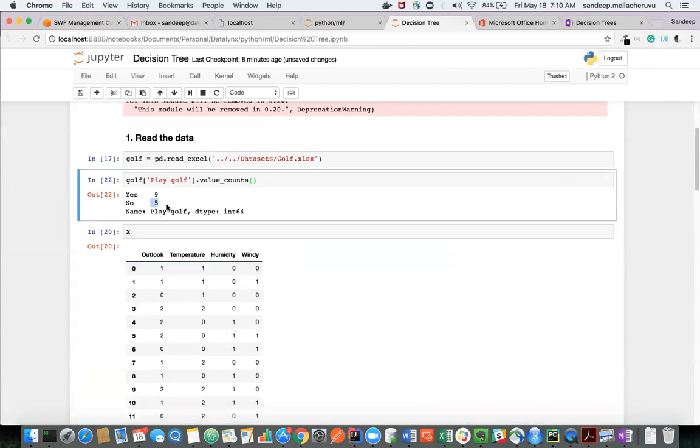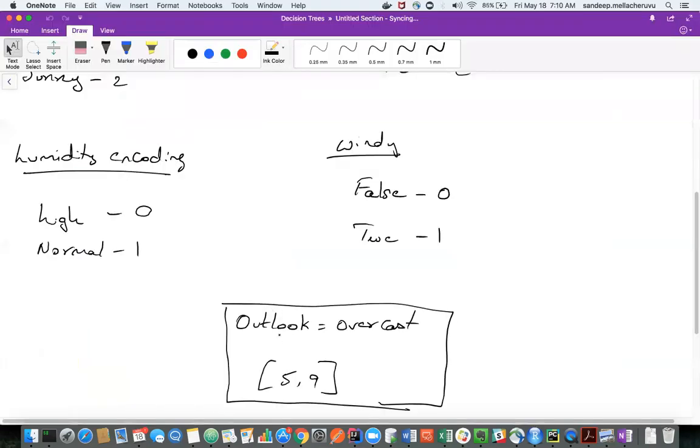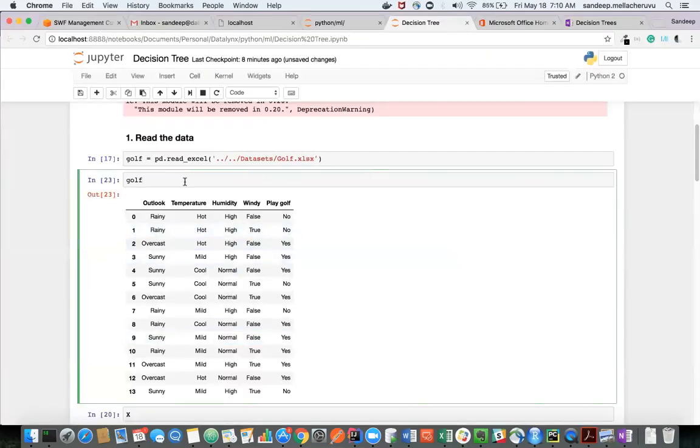If I do that, I get 9, 5. Now I need to do some selection. What is that selection? Outlook equal to overcast. How do I do that?